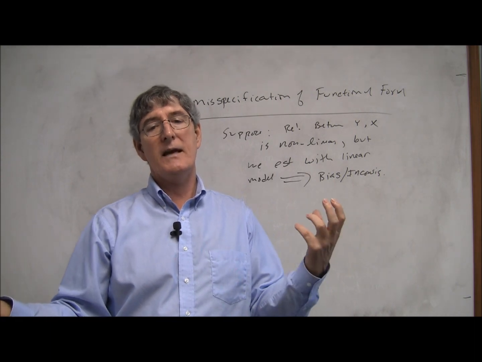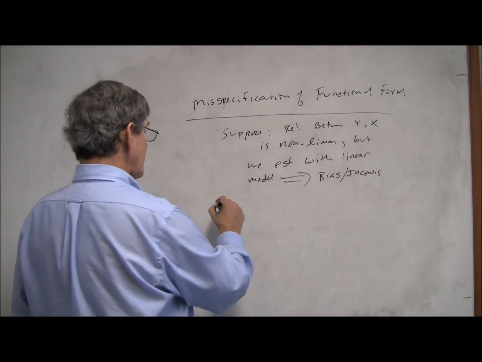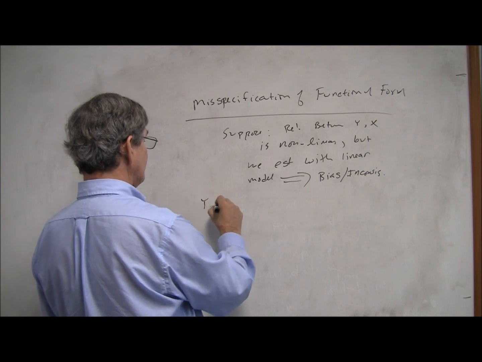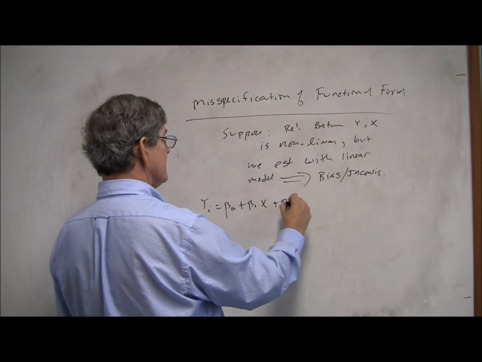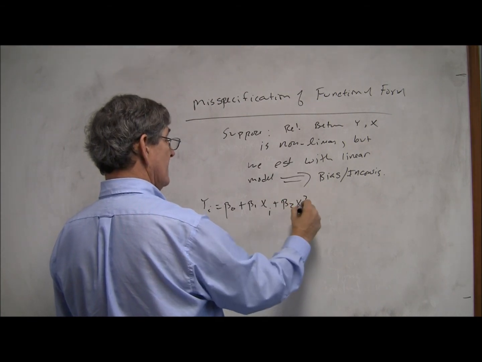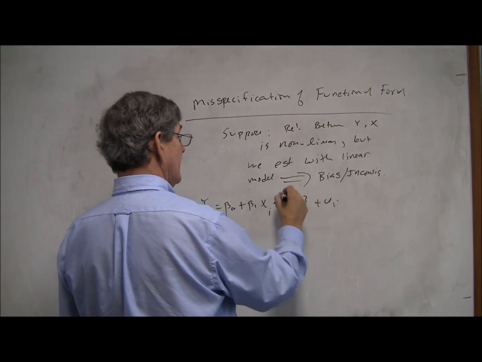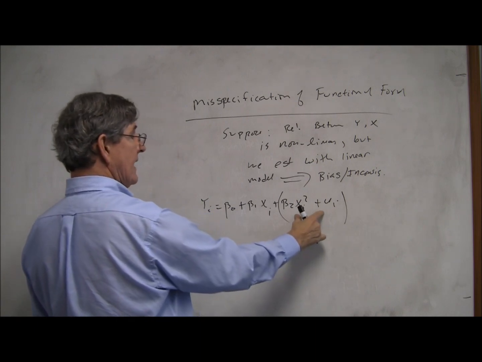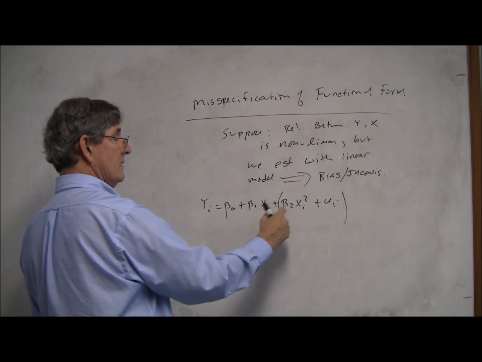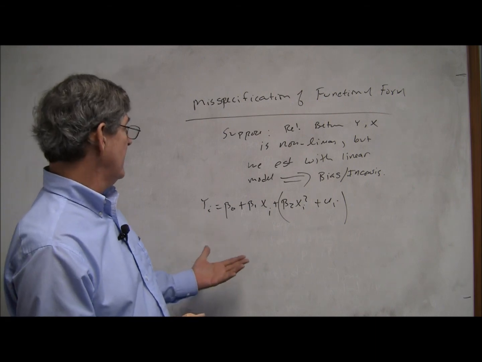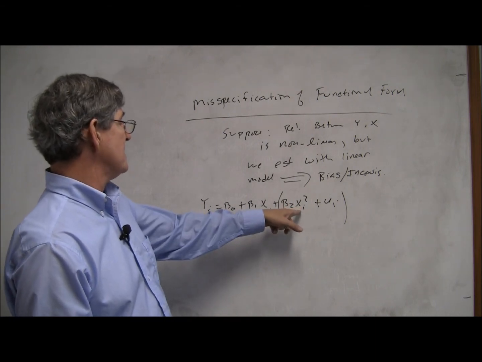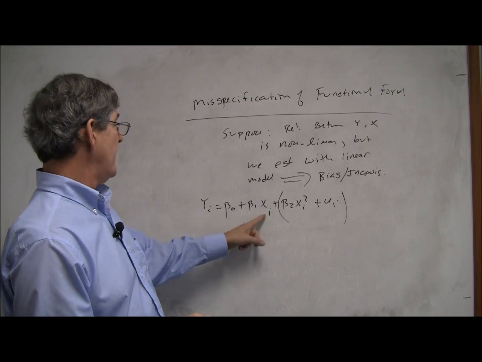Then you're going to get a bias, because if the true model is y_i equals beta 0 plus beta 1 x plus beta 2 x squared_i plus u_i, and you leave that in the error term because you've left it out of your model, well, those two are correlated. X and x squared are going to be correlated. And so you've got something in your error term that belongs in the model that's correlated.